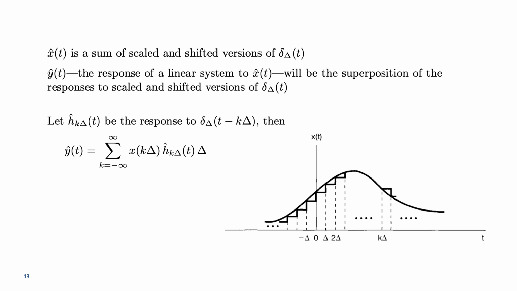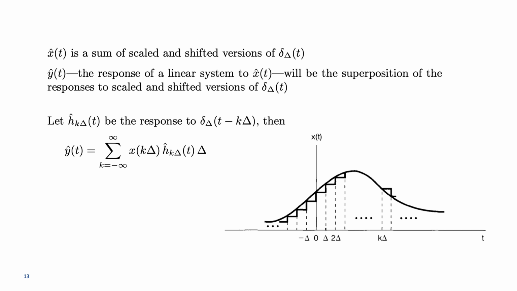We can say the same thing in formulas. So let's say that h hat k delta of t is the response to one of these impulses. It's the response to delta delta of t minus k delta. Okay.